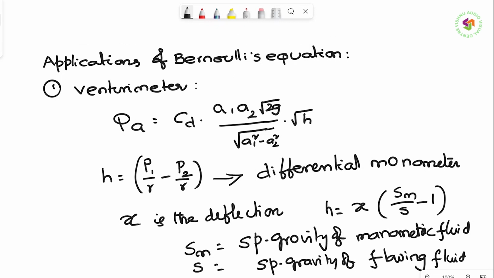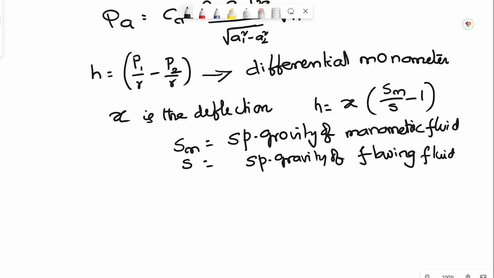So knowing Sm, S and X, we can find out H.